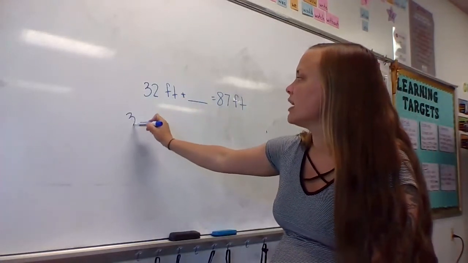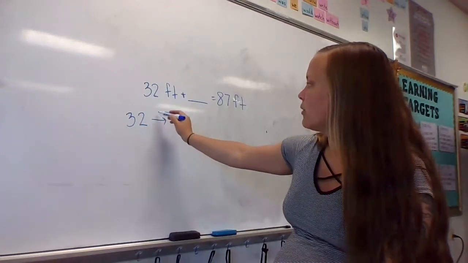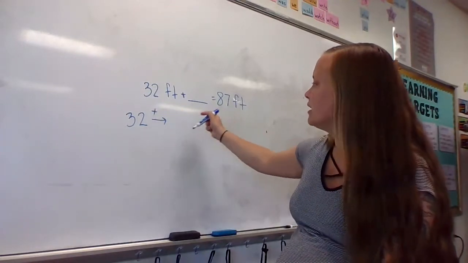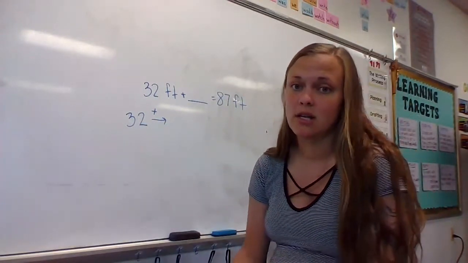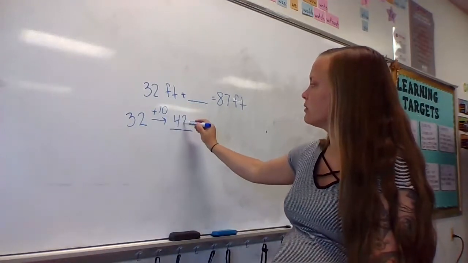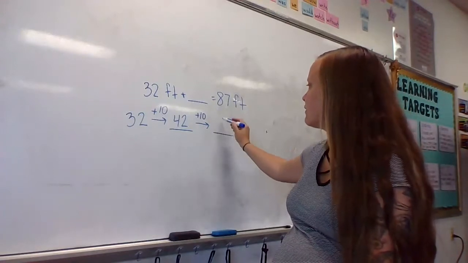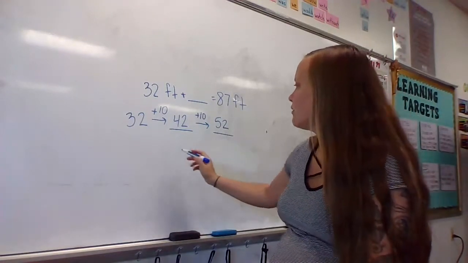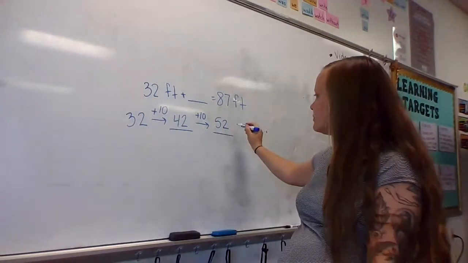So what you can do is the arrow way. So you start at 32 and we work our way up to 87. So we could add, how many 10s could you add to 32? If you just add 1 10, that would get us to 42. If we add another 10, that gets us to 52. We could go up 2 more 10s, couldn't we?